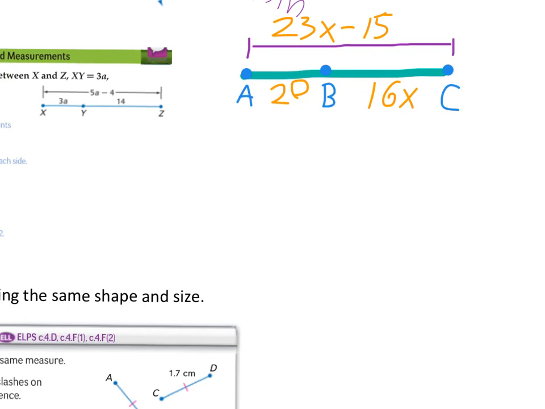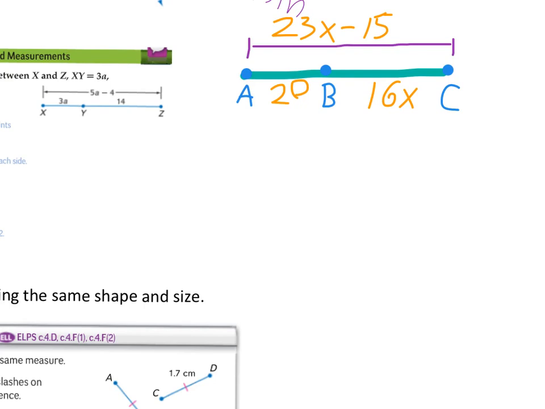And we're back, folks. So, we have the problem of we have to find 23x minus 15, and all we have to work with is a 20 and a 16x. So we're going to need to solve for x and then verify our answer.